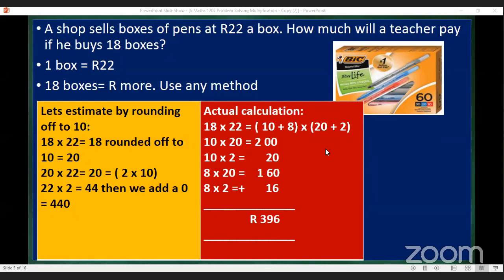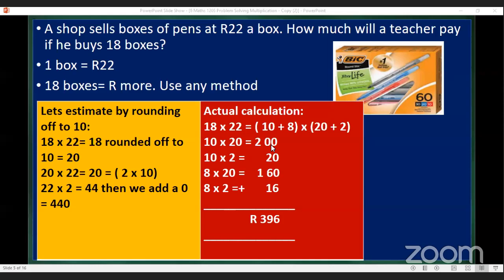What does this breaking down mean? It means that this 10 has to multiply everything in the second bracket, and the 8 has to multiply everything in the second bracket.